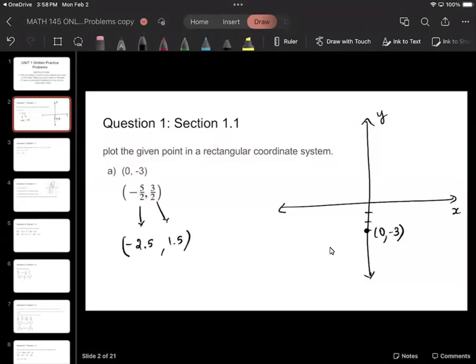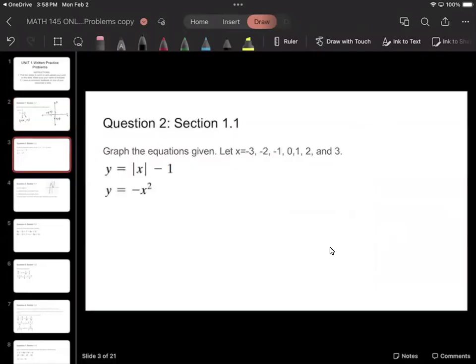So if you think about it like that, the x coordinate is between -2 and -3. So that's somewhere here, right? And then 1.5 is between 1 and 2 on the positive y. So somewhere here. This point that you are looking for is where these two meet, and this is (-5/2, 3/2). Okay.